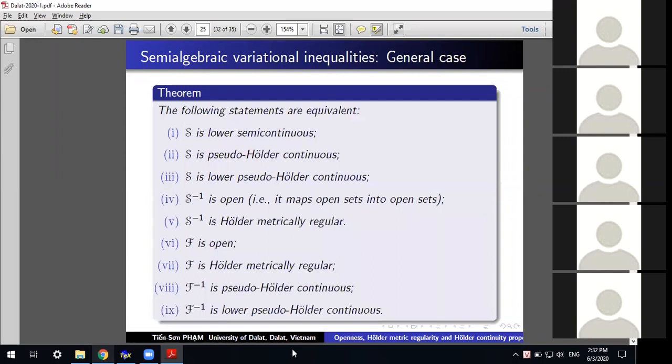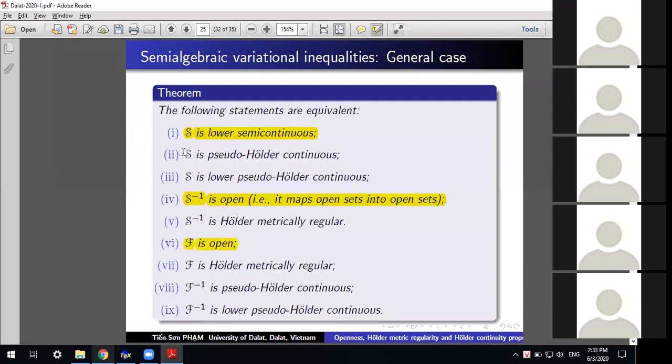And we have the first result in this section. The main theorem says that the following statements are equivalent. The first, the solution map is lower semicontinuous, and this condition is equivalent to this, and equivalent to here.